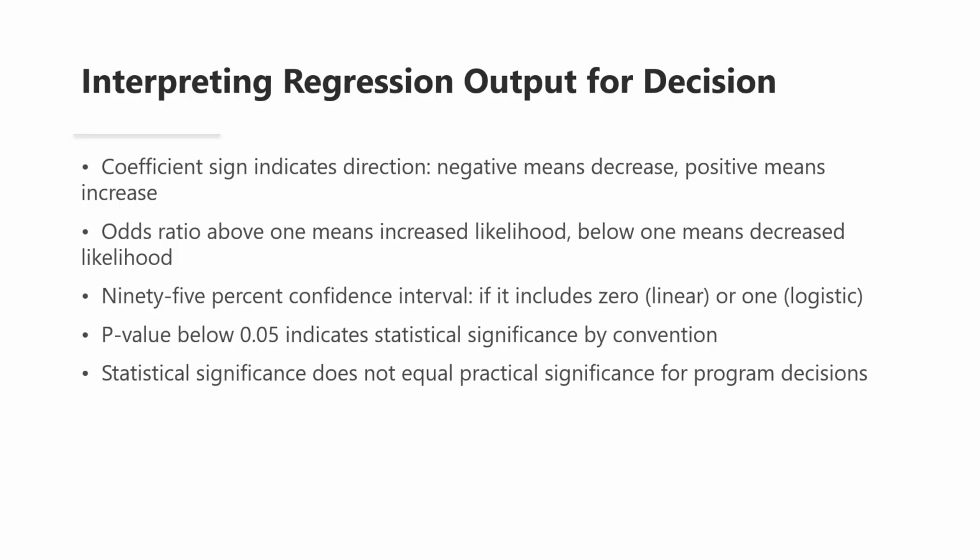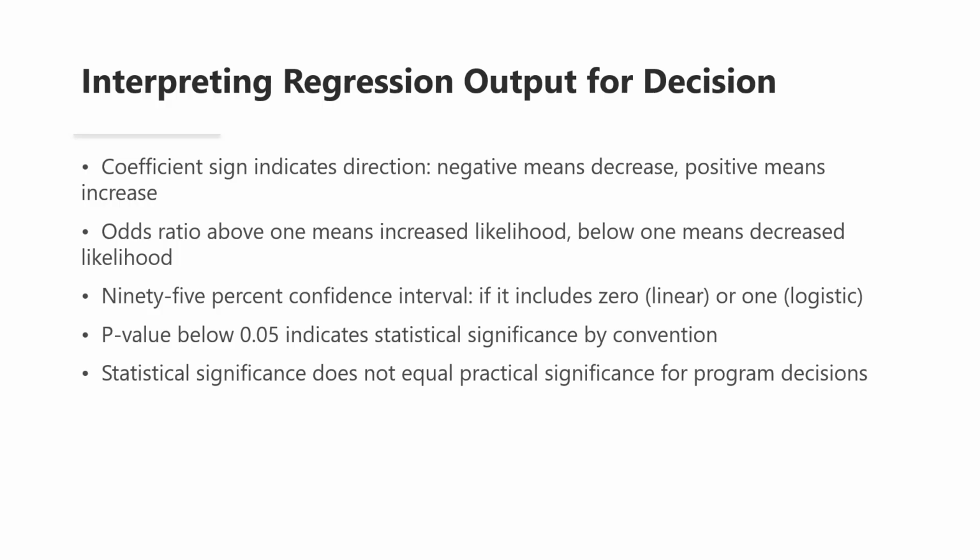For example, the coefficient for program participation is negative 5.8 in a model predicting hemoglobin A1C levels. That means program participants had A1C values that were 5.8 units lower than non-participants after adjusting for all other variables in the model.